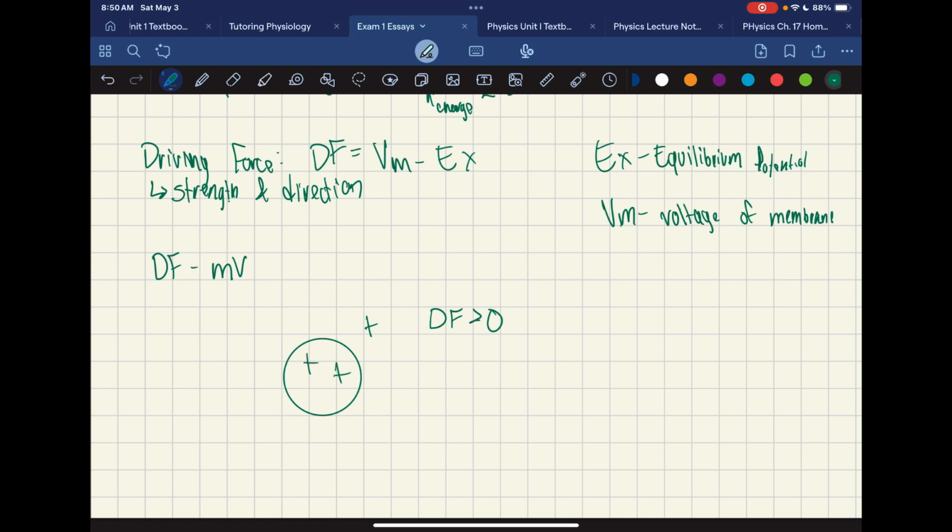So we have these positive ions inside and outside the cell, but due to the driving force being greater for this positive ion, it will move out of the cell. Because the cell already is pretty positive, we already have that higher charge, so it's going to cause the ion to move out.